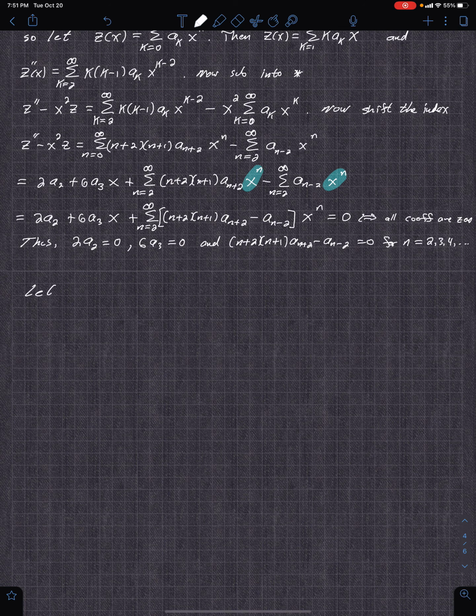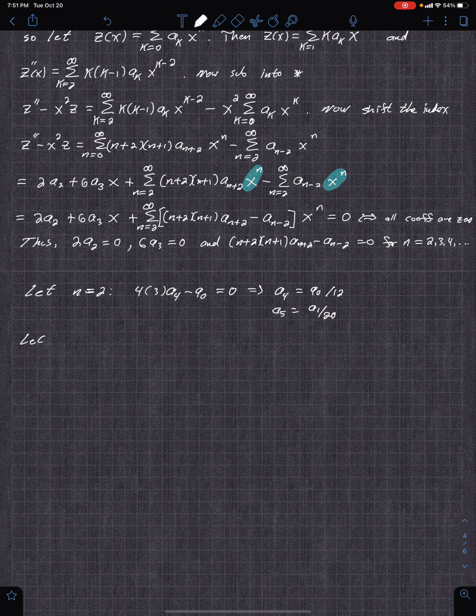So now we're going to say let n equal 2, and so you get 4 times 3, a sub 4 minus a naught equal to 0. Okay, so then you solve for that. So a sub 4 is equal to a naught over 12.